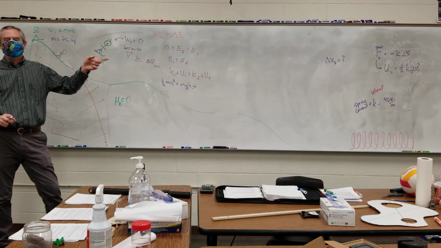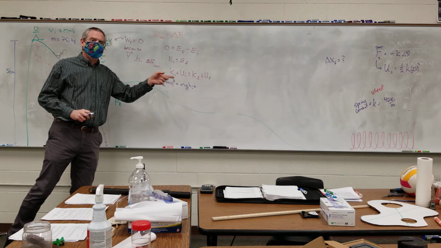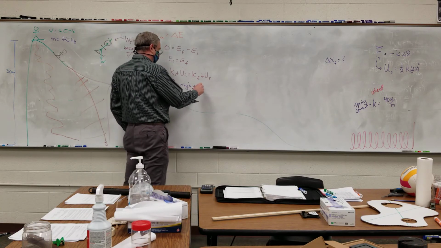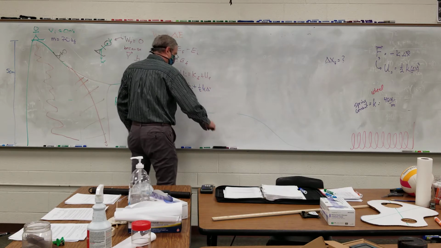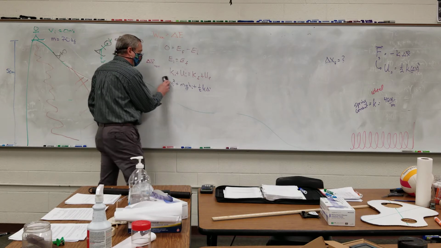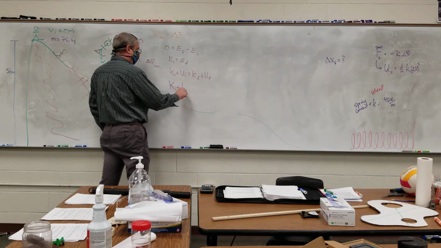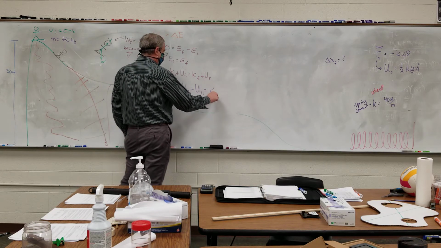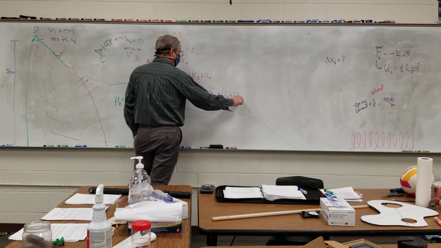1/2 k times displacement squared, or distance compressed squared. So 1/2 little k delta x. Actually, I'm going to throw in some intermediate steps. You don't have to do this since you've already started it, but I'm just going to throw in this: kinetic initial plus Ug initial plus Us initial is equal to K final plus Ug final plus Us final.